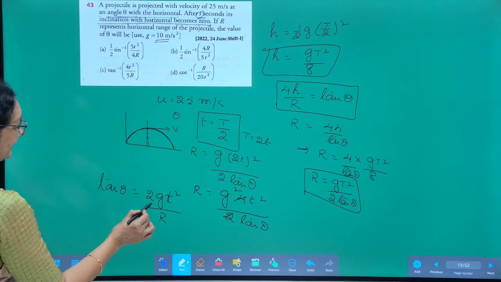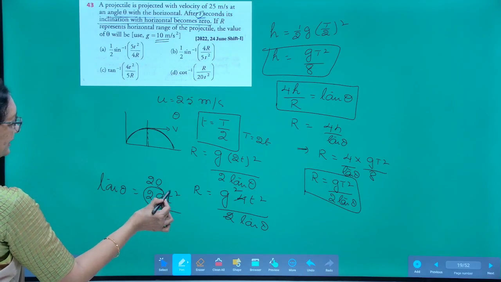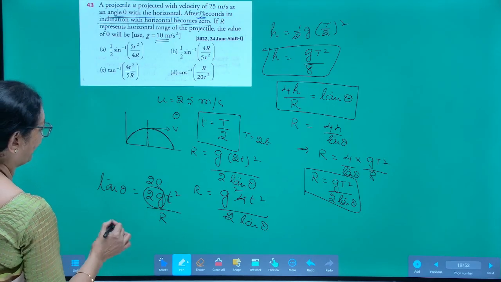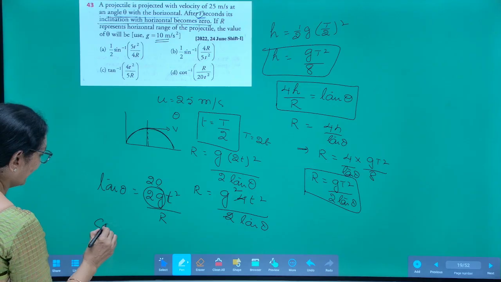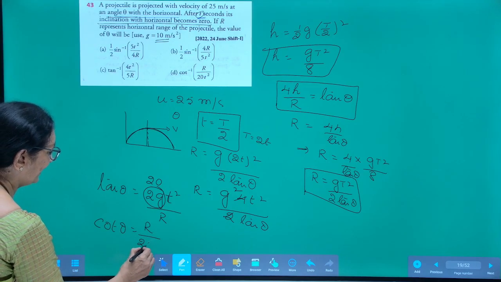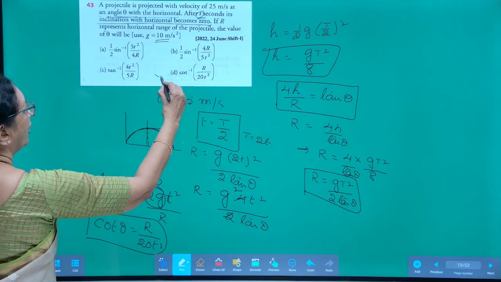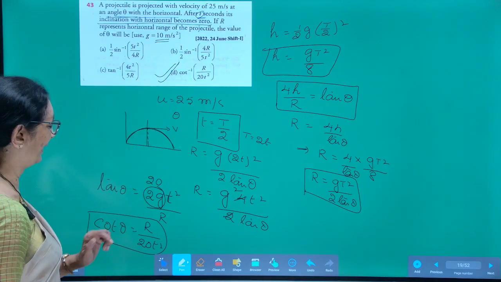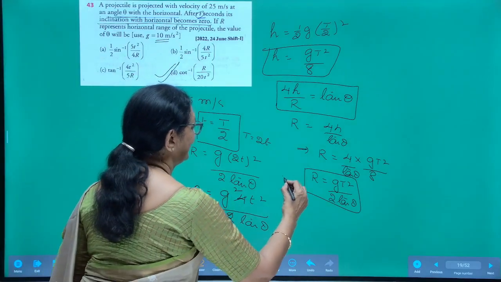So, tan theta, this is 20. So, tan theta is equal to 20 t square by R, but there is no such option. So, cot theta will be R by 20 t square, or theta is equal to cot inverse R by 20 t square.